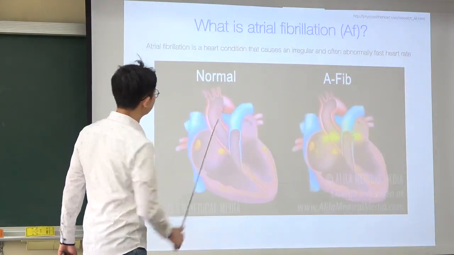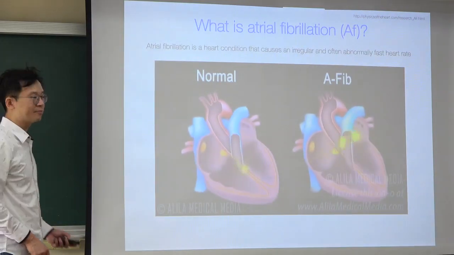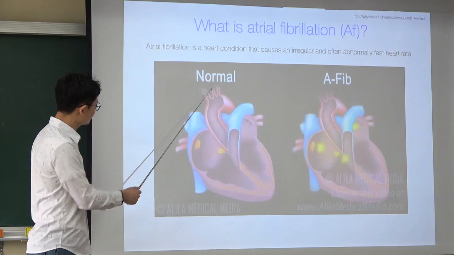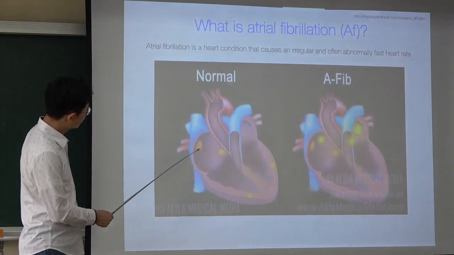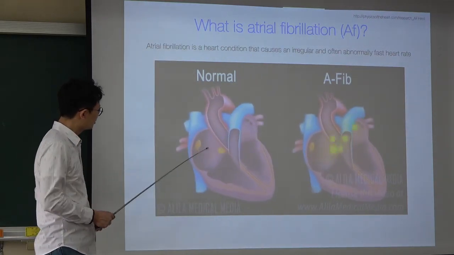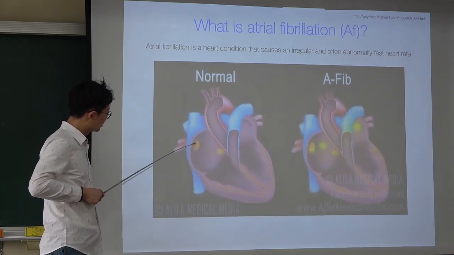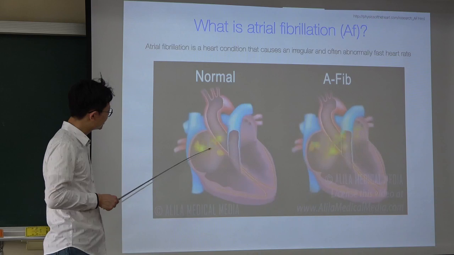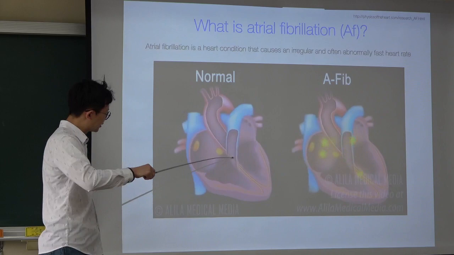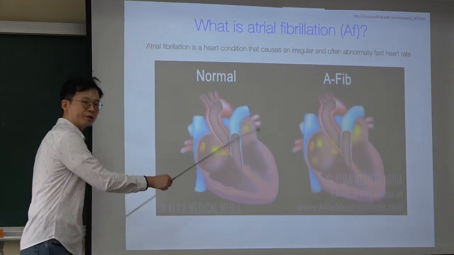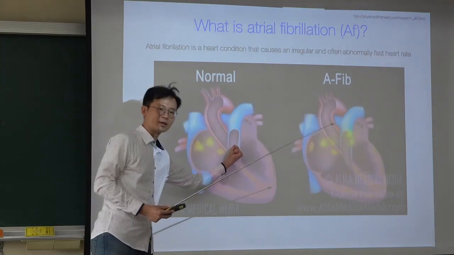So what is atrial fib, or atrial fibrillation? It is a very simple mechanism. This is a normal heart, where you have the SA node, where the cardiac cells self-pace, and the stimulation will be conducted to the atrioventricular node, where it is buffered for a bit and then goes to the whole heart, so that you induce a ventricular contraction that completes one heartbeat.